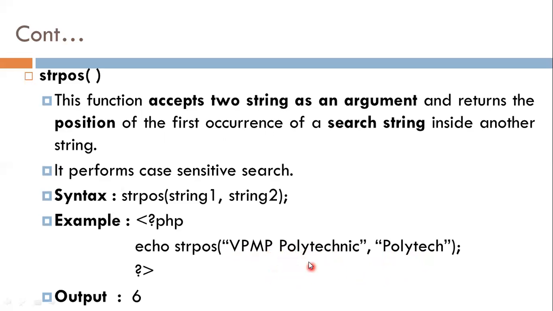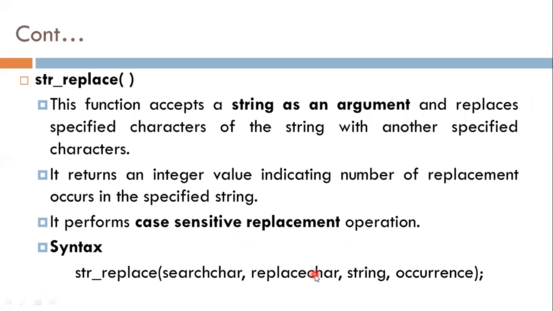Then it returns the first occurrence, meaning the position at which the P starts. So it gives the output 6. V is placed at first, then second, third, fourth, the space is fifth, and this P is 6. It means Polytech is found at the 6th position.